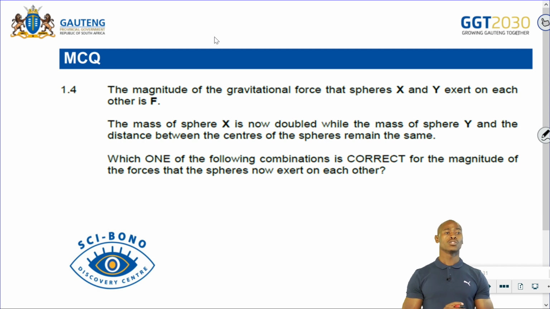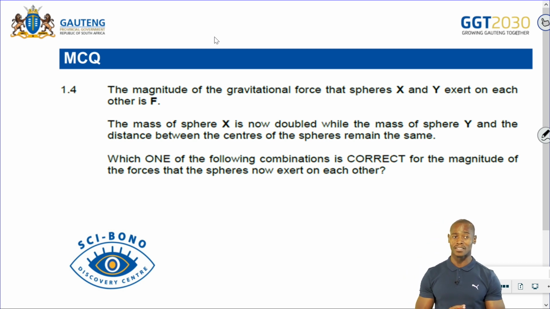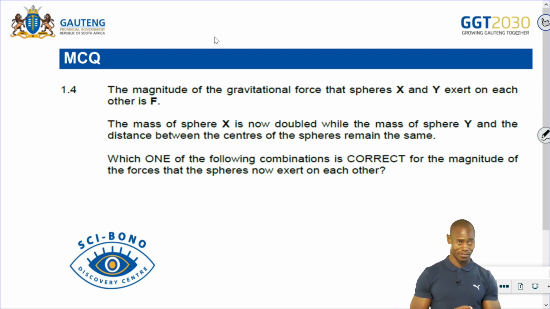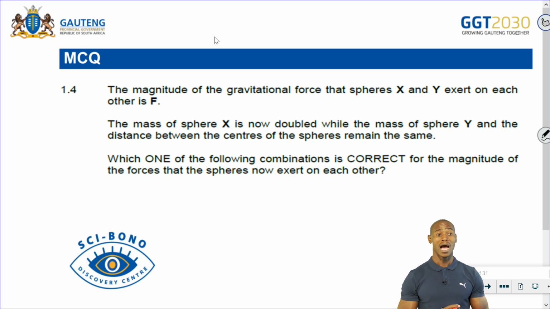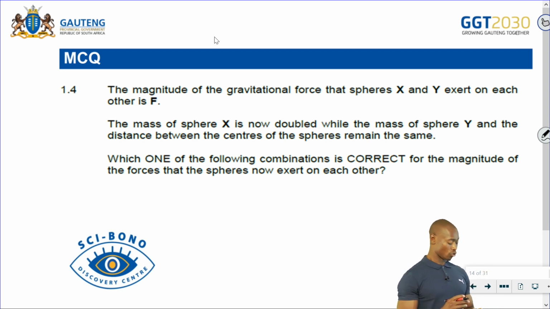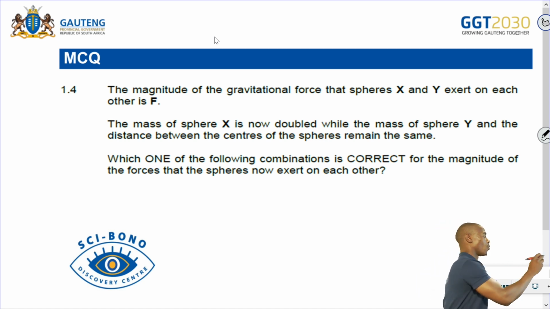Which one of the following combinations is correct for the magnitude of the forces that the spheres now exert on each other? We need to find the new force after the mass of X is doubled.